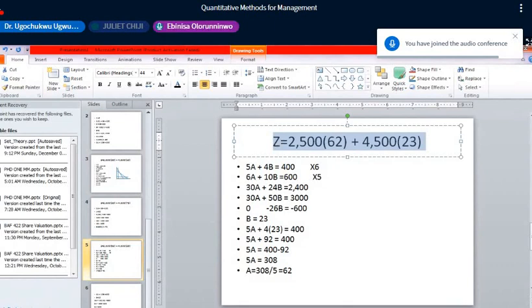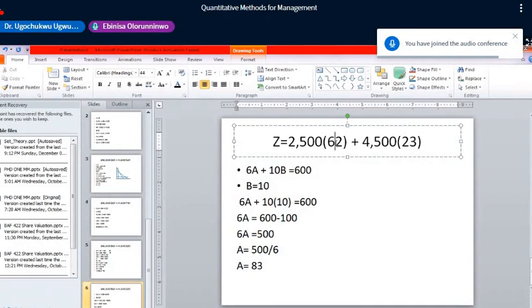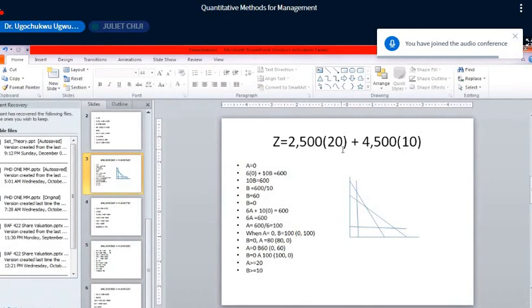So now, if you look at this, here our A is 83 and here our B is 10. Right? So if you compute this out, whichever one gives you the maximum, starting from this one now: 2,500 multiplied by 20 plus 4,500 multiplied by 10.